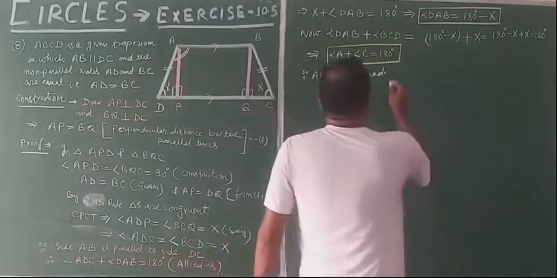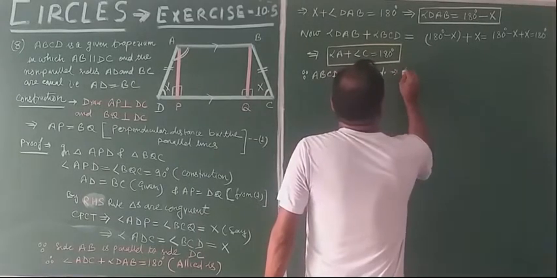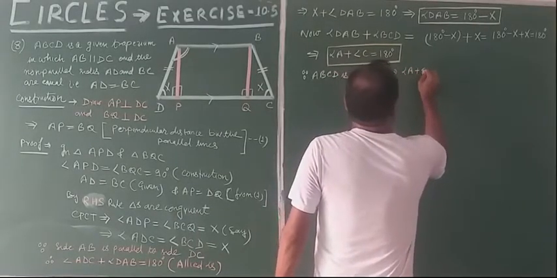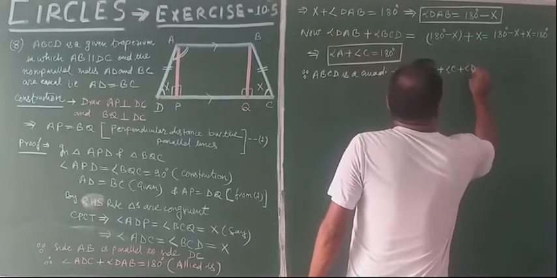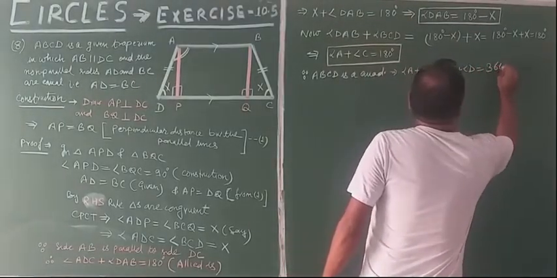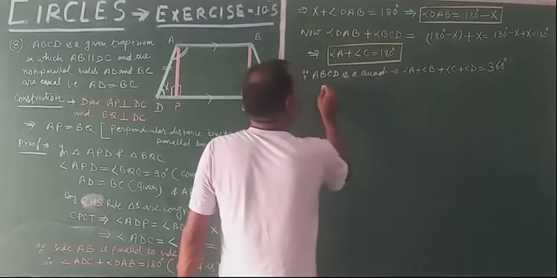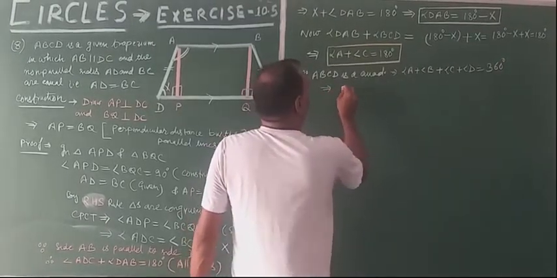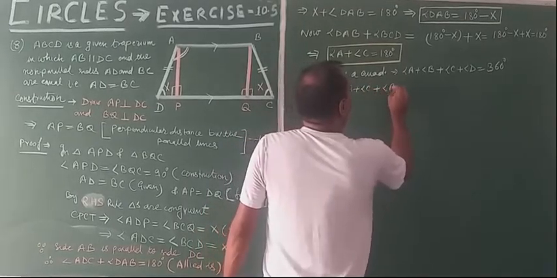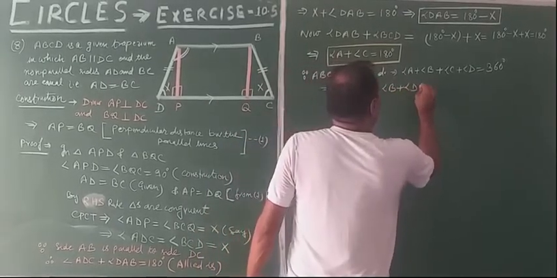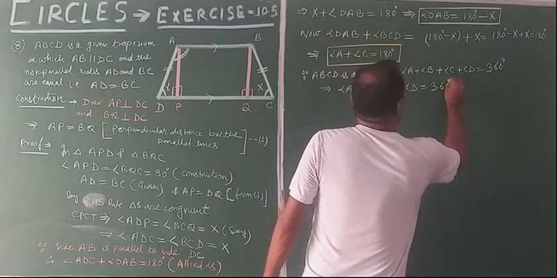So therefore, using angle sum property, angle A plus B plus C plus angle D will be 360 degree. Or we can write angle A plus angle C plus angle B plus angle D is how much? 360 degree.